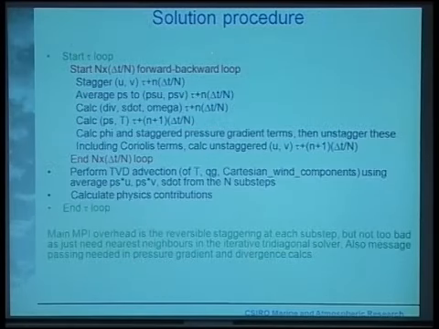So this is showing the solution procedure. We have a main time loop, and now we have this small sub-step forward-backward loop. So we need to stagger the U and V to these staggered positions. We need to get some averaged surface pressures, and then we calculate the divergence, sigma dots, omegas at each of the grid points. We update the surface pressure using the integrated divergence.